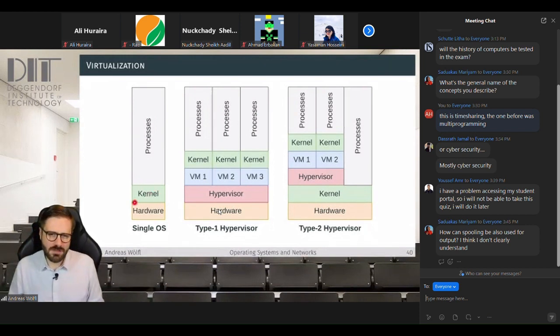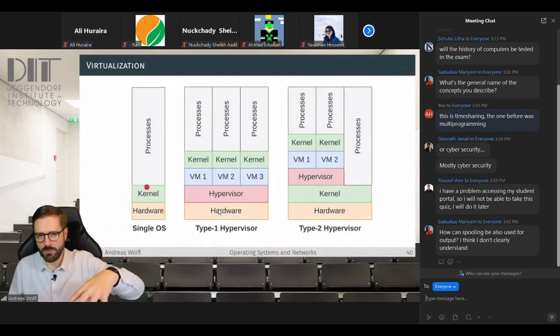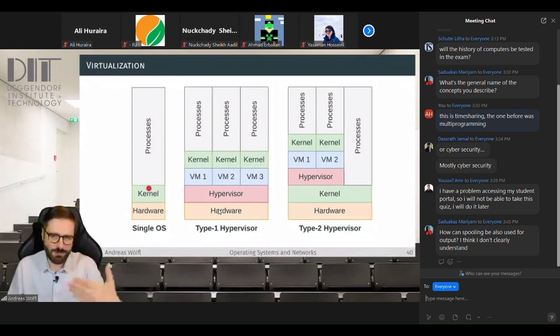So the kernel sits on top of the hardware, and if you remember this graphic, the hardware has an ugly interface. You put an operating system kernel on top of the hardware, and the kernel provides processes or programs running on your computer with a beautiful interface. So this is how this works. Then we have two hypervisors.